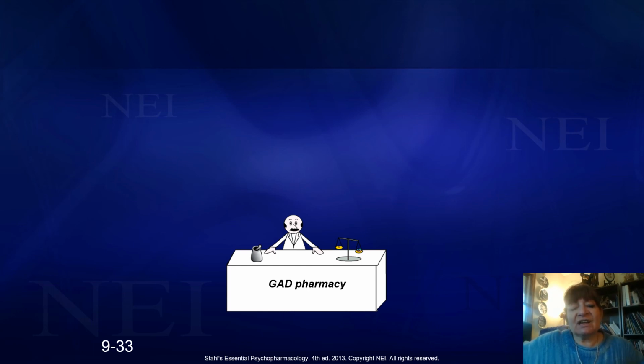So here is the generalized anxiety disorder pharmacotherapy. Benzos are included in all the first line approaches. They should be used adjunctively for short-term use, and you should inform your client of that right away.